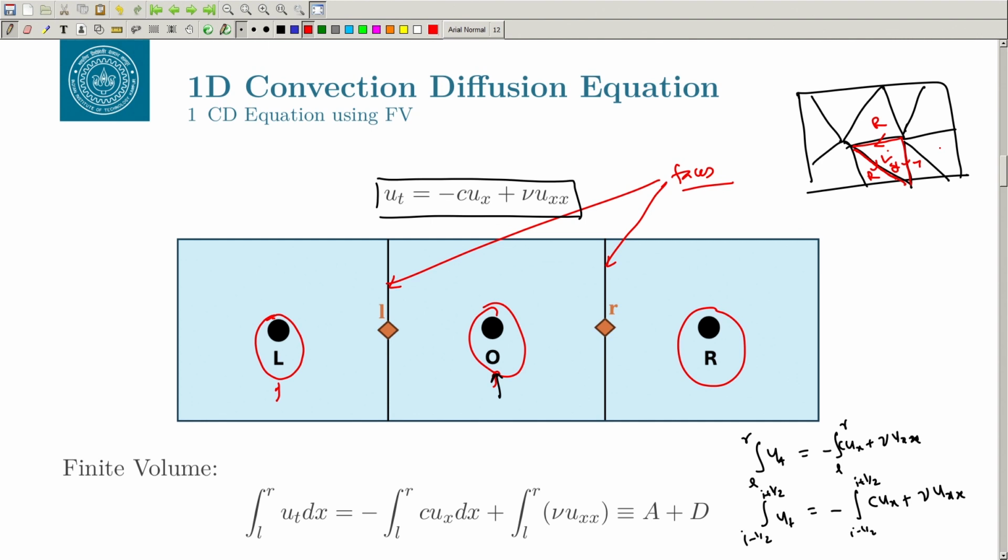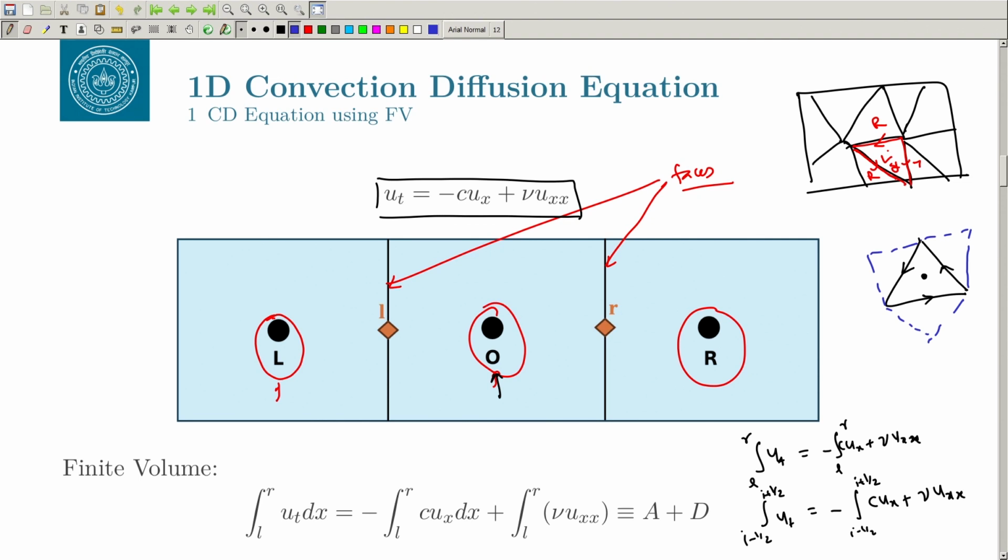So, for any given cell, okay, you can find. So, this is your cell here and it has got 3 edges here. Okay. So, you can find out along every edge or along every face what are the left cell and the right cell. Okay. So, for this edge there will be a left cell and right cell, for this edge there will be left and right cell, for this edge there will be left and right cell, and for this one also left and right cell, right. So, that is why this L and R convention is very convenient.